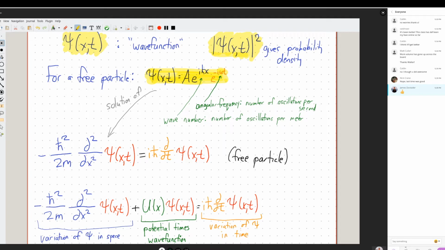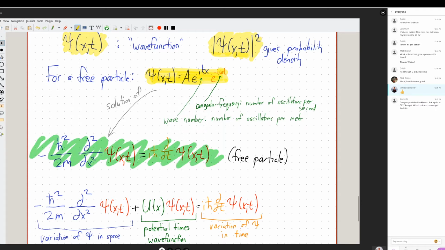The Schrodinger equation is this big ol' beastie right here. And why the Schrodinger equation looks like this has to wait until you do, yes, Danielle, thank you.